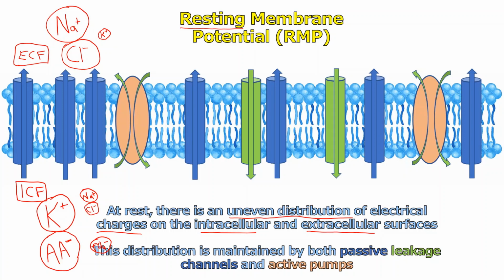Now these are regulated, maintained at rest by what we're calling the blue channels, called passive leakage, also the green guys, and these are, as it states, passive. Now the blue ones are K channels that leak out. So there's a K channel, there's a K channel, there's a K channel.